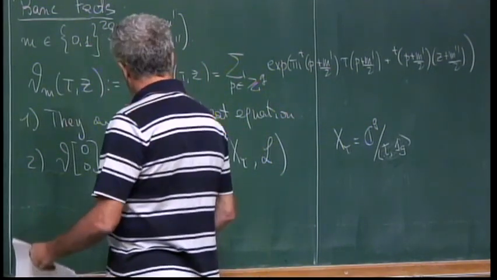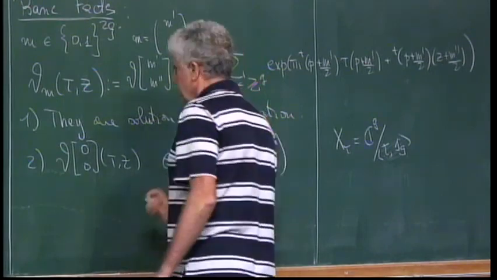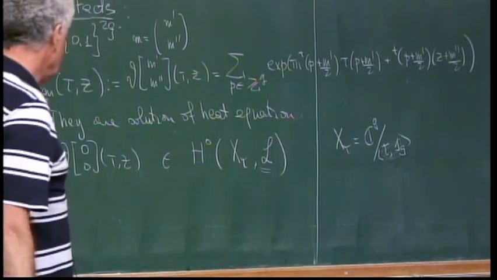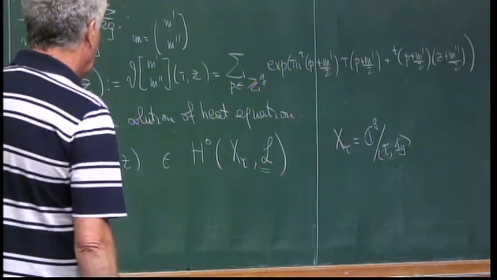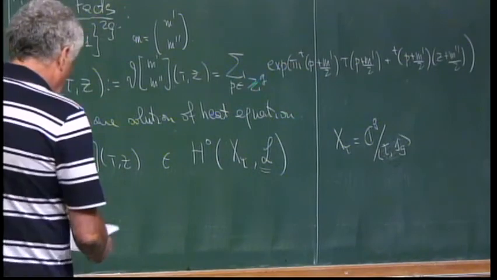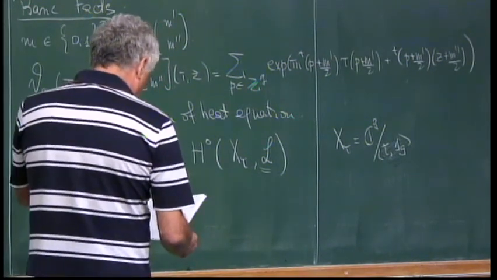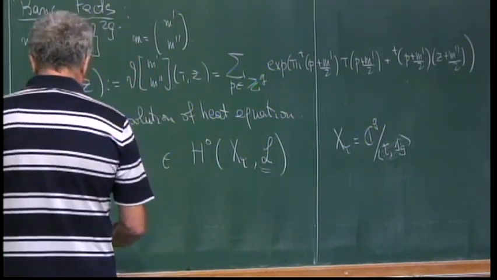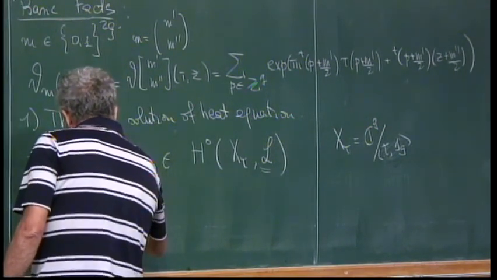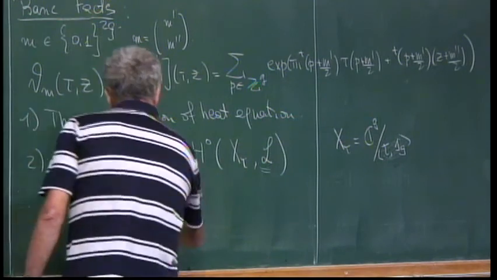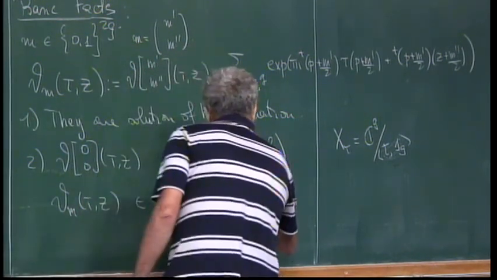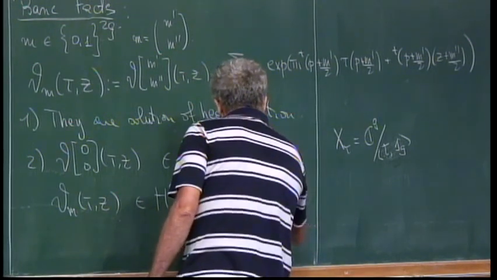And this line bundle L is the line bundle given by the principal polarization up to translation, and it is a symmetric line bundle, but as a symmetric line bundle, it's not unique. I mean, if I consider any translation by a point of order 2, we have that theta M of tau, z is a section in H0 of X_tau of this line bundle.